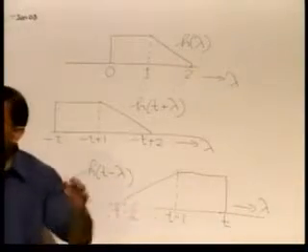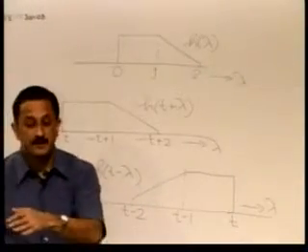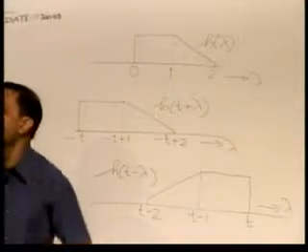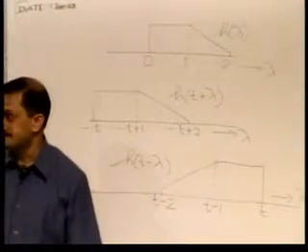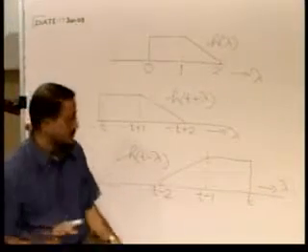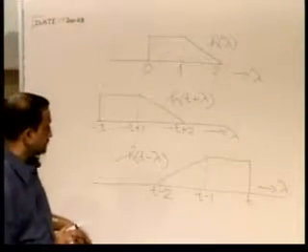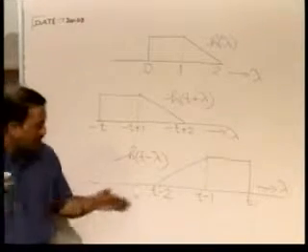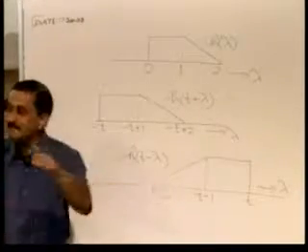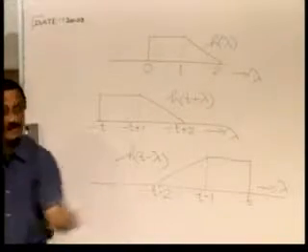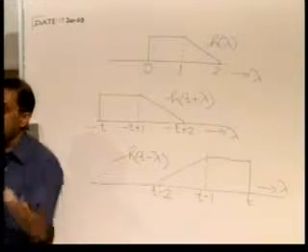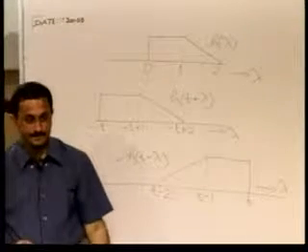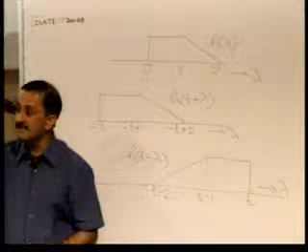Now you see, this is for every value of t. So for every value of t, you have a different function h(t minus lambda) here. In fact, one way to think of this is to think of the lambda axis as a pair of rails and the function as a train moving on the rails with the engine located at t.